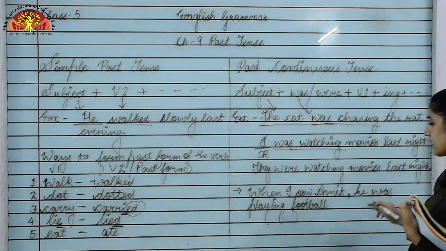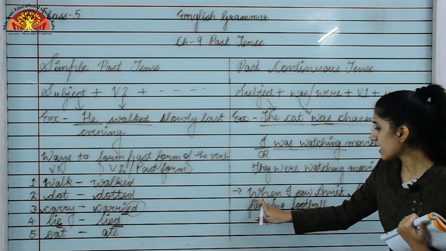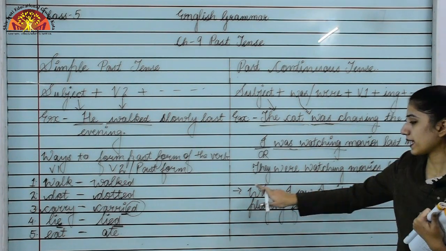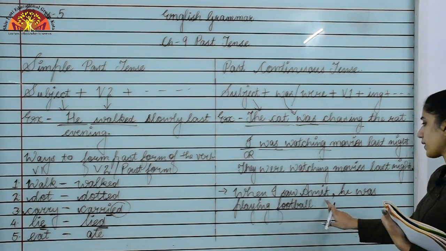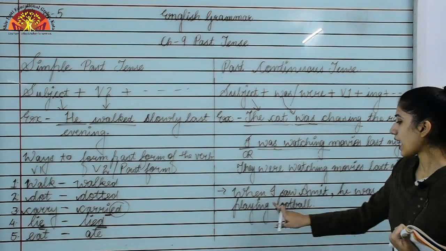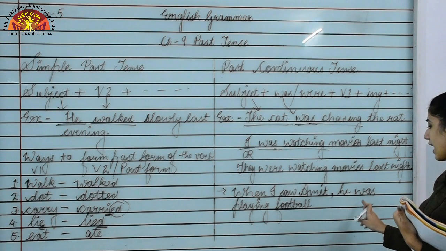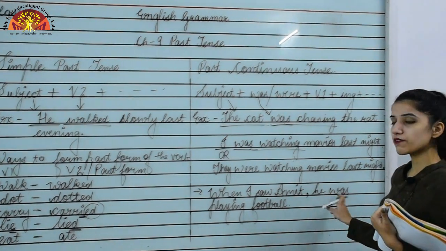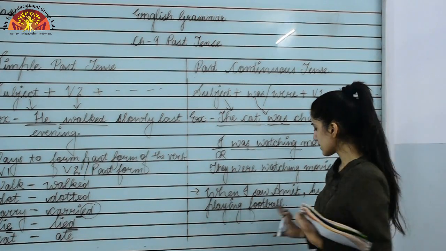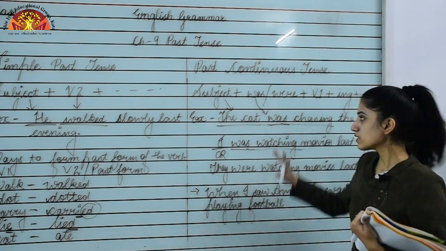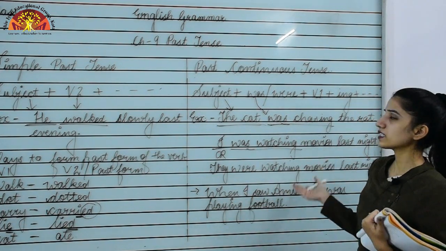He was playing football. So you can see when this action took place, this action was already continuing. When I saw Amit, at that time, what was Amit doing? He was playing football. Okay, so now this is the past continuous tense.